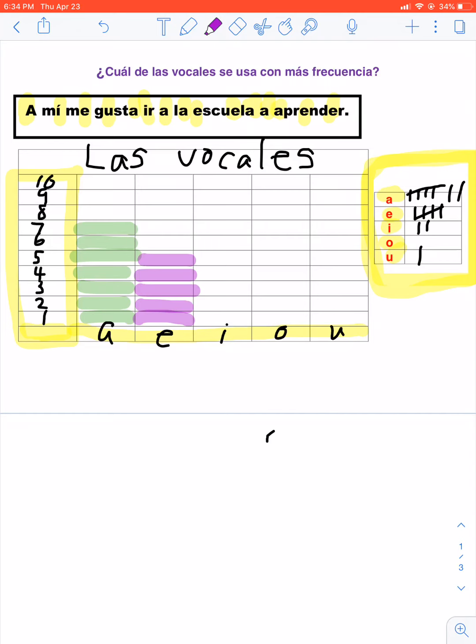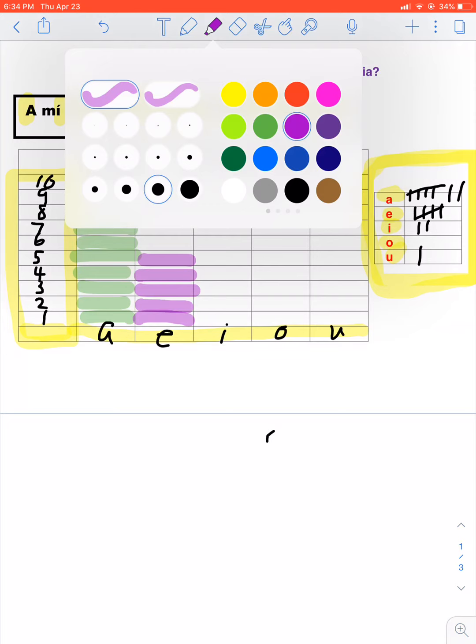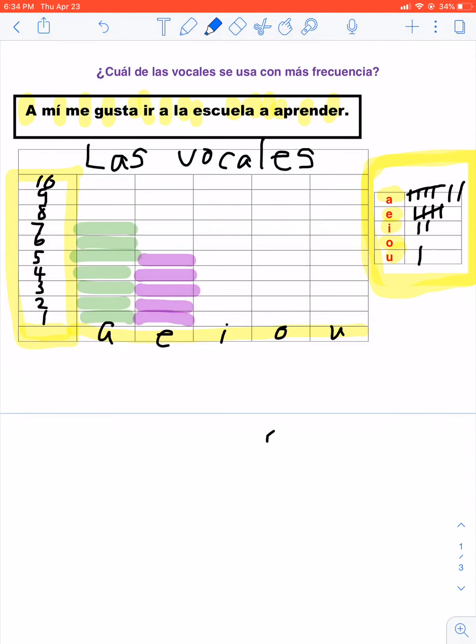Okay, ahora la I. ¿Cuántas de la I contamos? 2. Muy bien. So let's get another color. How about something different? Blue. Okay. 1, 2.